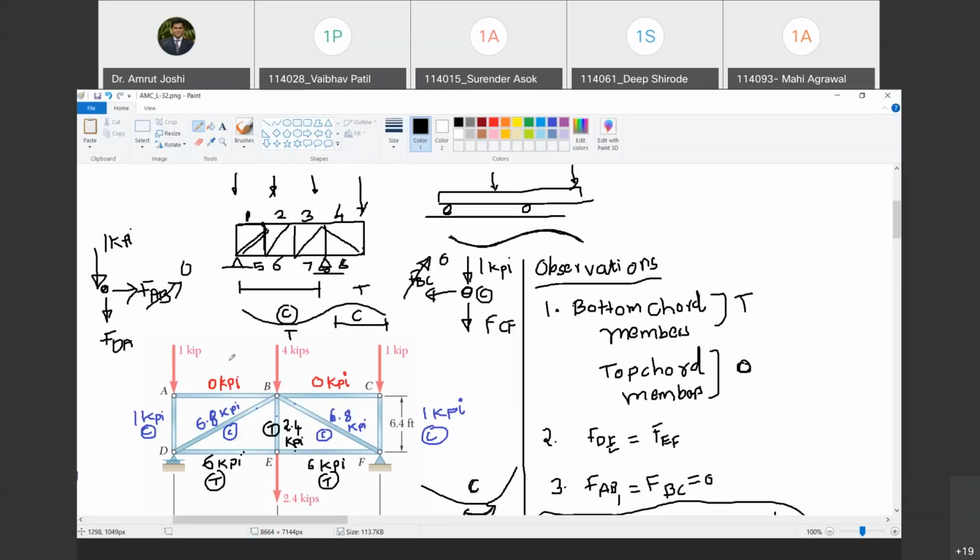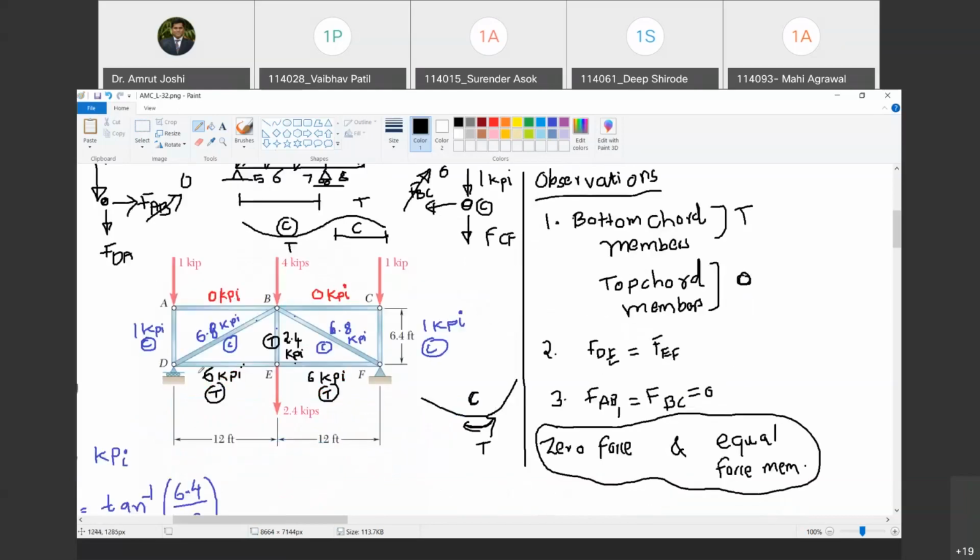Are you with me? Yes, sir. Now let us draw the free body diagram of joint D. In the free body diagram of joint D, how many unknowns are there? The reaction, force in member AD, force in member DB and force in member DE. So there are going to be 4 forces. So anyway that law cannot be applied. Are you with me? Yes, sir.